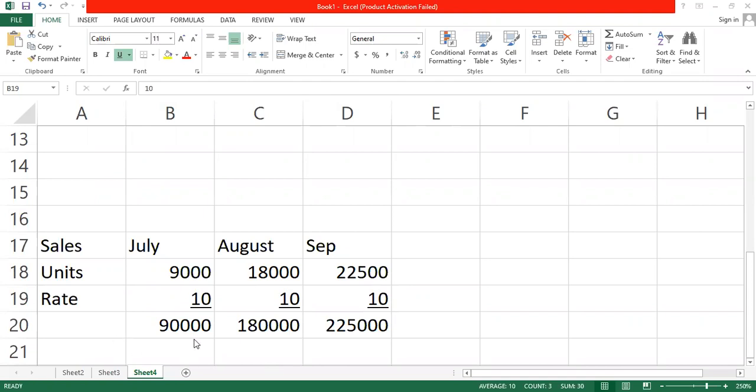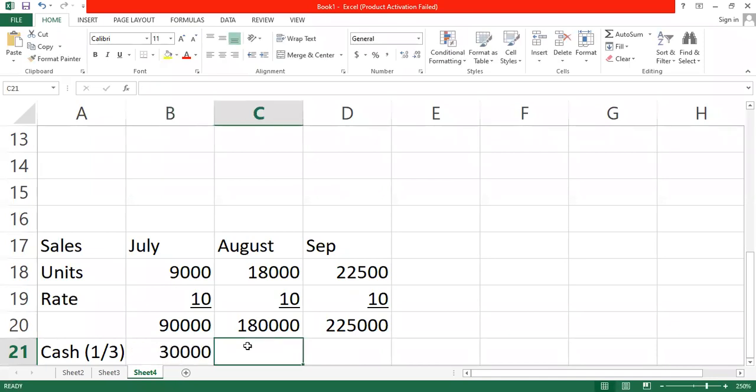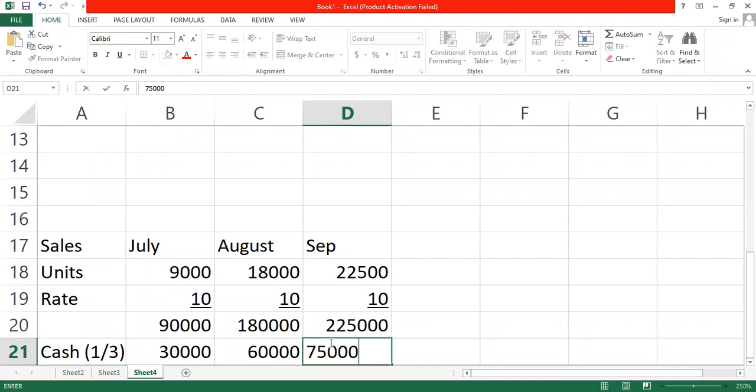So 1/3 is for cash. Let's find the cash sales. Cash sales is 1/3 of 90,000, which is 30,000. 60,000 for this one, and 75,000 for this.